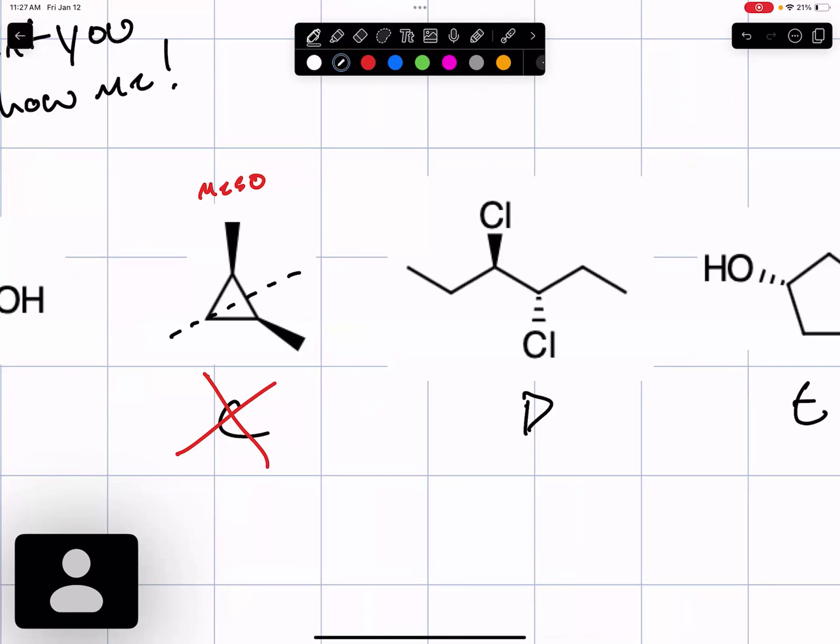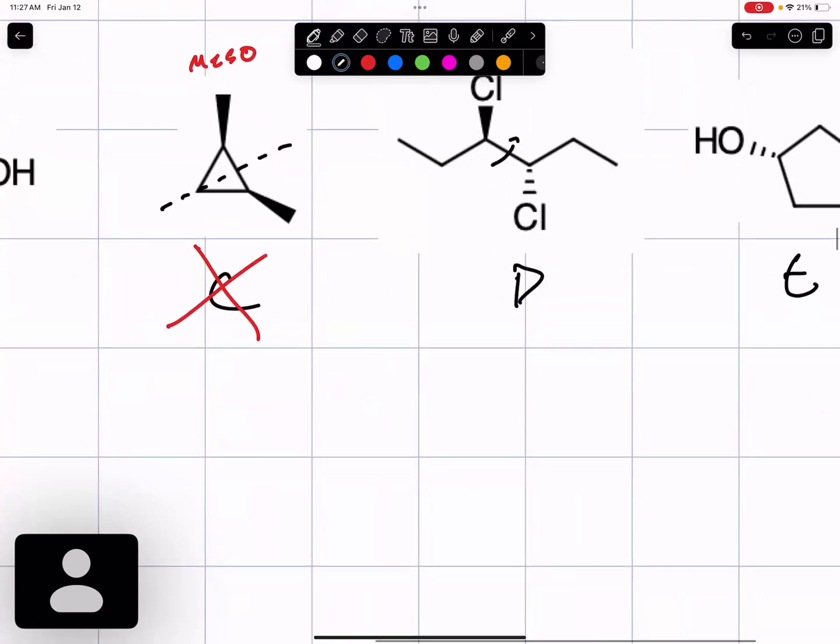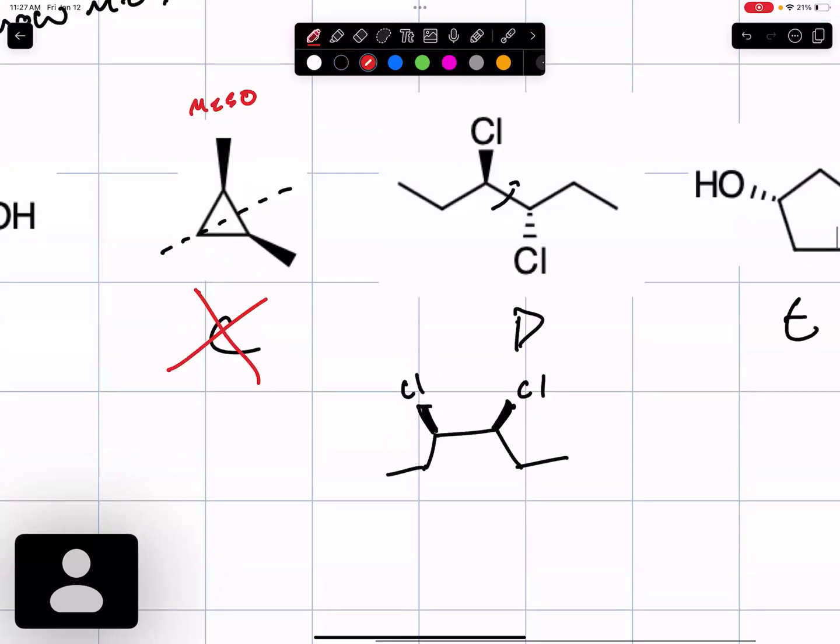Can this single sigma bond rotate? Yes, it can, right? And if I was to rotate that, wouldn't this molecule look like this? And now is this a little bit more clear? Is there reflectional symmetry? Yes. Exactly. So we can eliminate answer D.